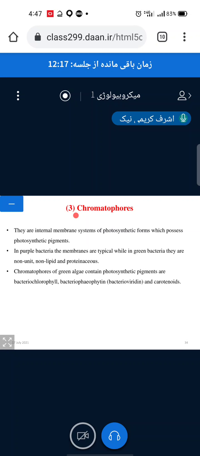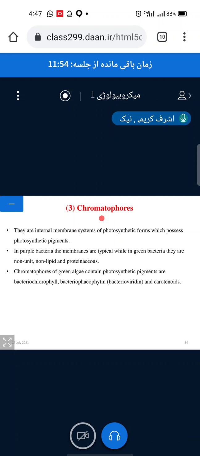3. Chromatophore. They are internal membrane systems of photosynthetic forms which possess photosynthetic pigments. Chromatophore is related to the pigments of bacteria.